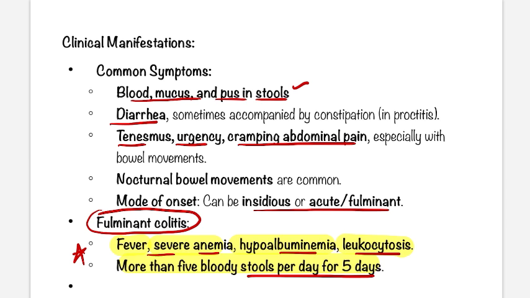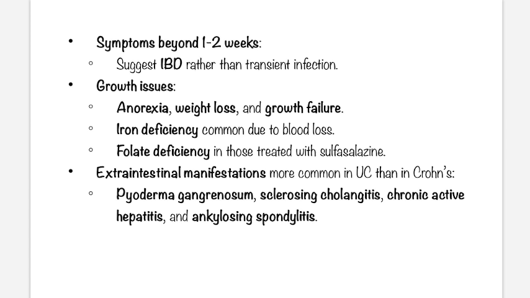This may be a fulminant colitis feature of ulcerative colitis. Just remember this, it is very important. If symptoms last beyond 1 to 2 weeks, it suggests IBDs. Growth faltering is also seen, like anorexia, weight loss, iron deficiency and folate deficiency.